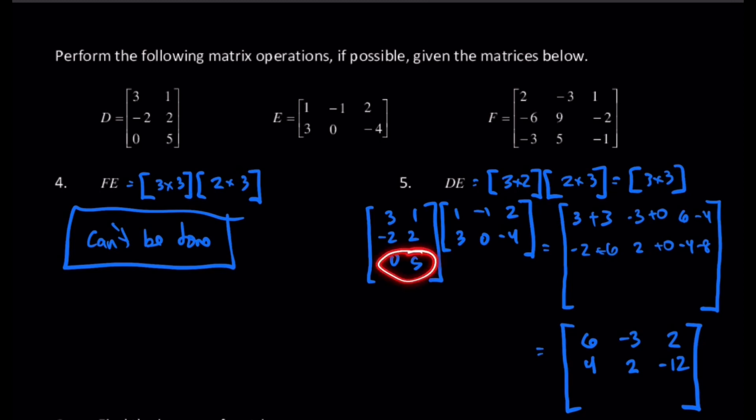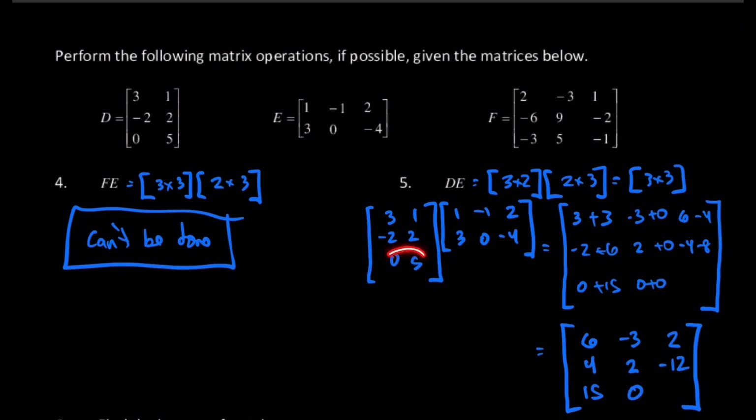On to the third row. This row times that column. So it's going to be 0 times 1 and 5 times 3. All right, 0 times 1 is 0. 5 times 3 is 15. So I got 15. Next, that row times this column. 0, 0. 5 times 0. So I get 2 zeros there. That's a 0.